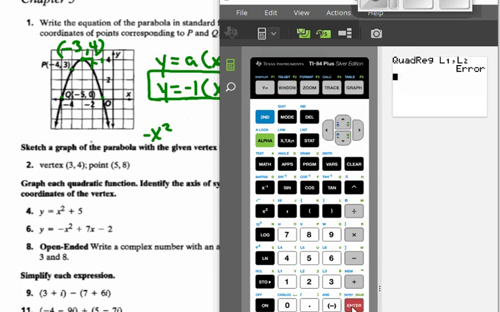Okay, let's quit out of there then. Window, okay, that's good. So I wonder if it needs 3 points. Okay, it needs 3 points, that's why. So go back to stat, that's what happened there. I didn't put 3 points, it needs 3 points.